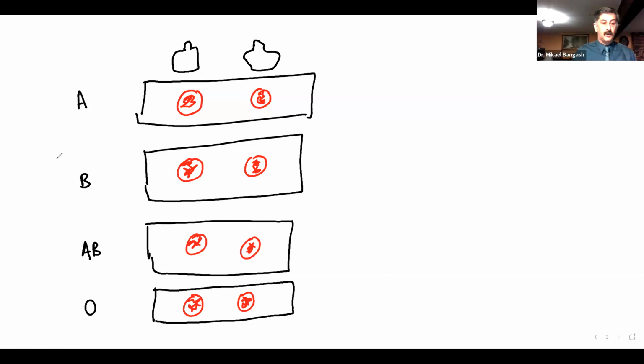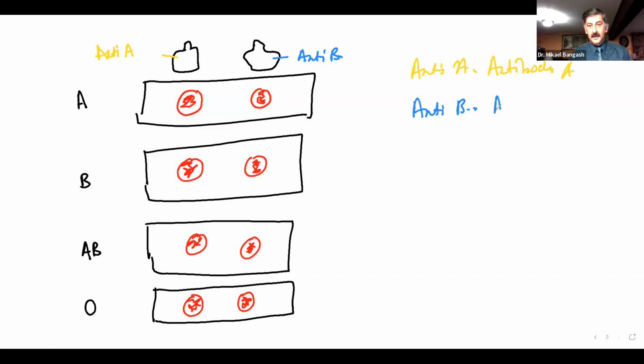This one is going to be anti-A, and we may put this one here and say this is anti-B. What anti-A actually is, is antibody A, and what anti-B actually is, is antibody B.